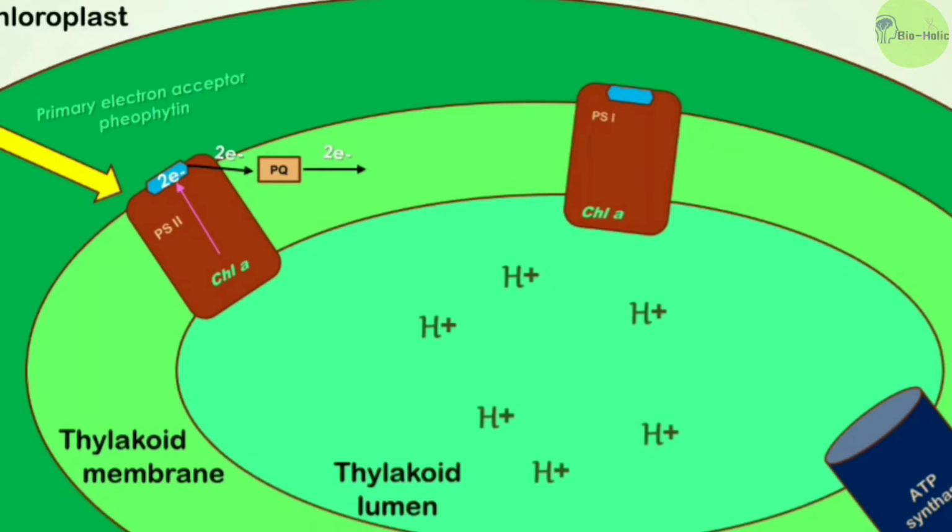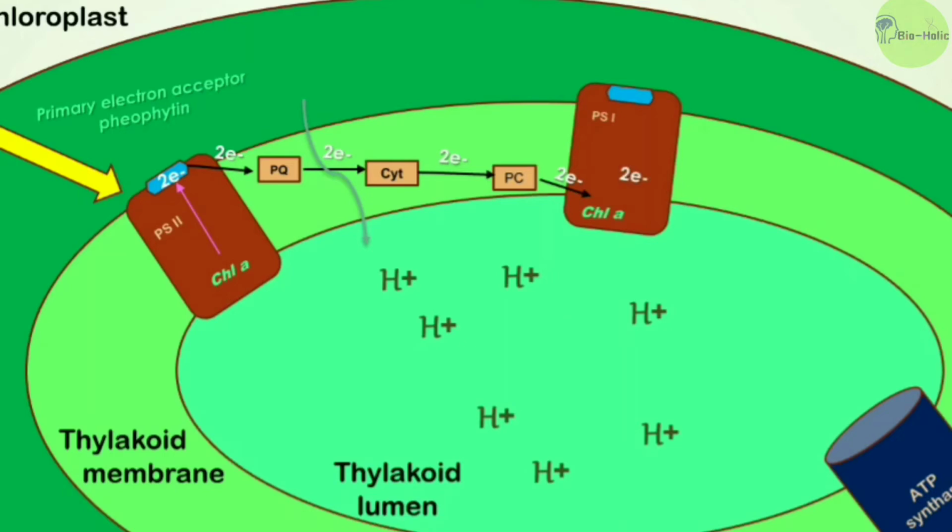This time, while transferring, H plus from stroma enters the lumen through proton pump, helping to store more protons in the lumen. Then from cytochrome, the electron is transferred to the plastocyanin. And then from plastocyanin, the electrons finally reach the reaction center of PS1 or photosystem 1.